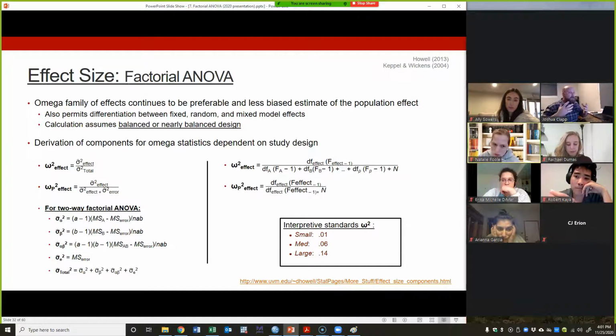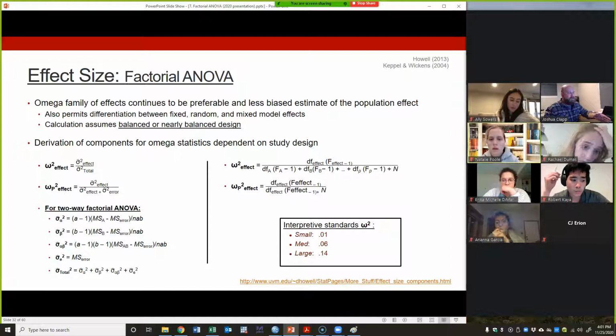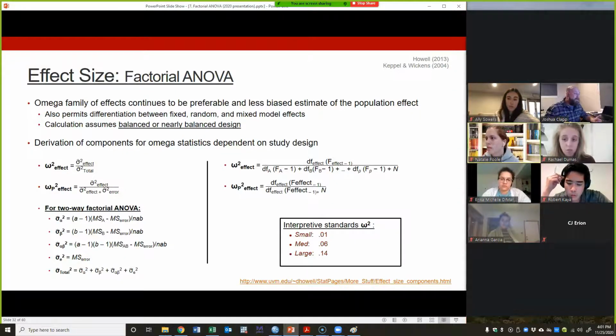If I want to make population-based estimates, I probably need to use omega squared statistics. They're going to be systematically a little bit smaller than your eta squared and partial eta squared, because we know that eta squared and partial eta squared are positively biased. Omega and partial omega squared are also positively biased. They're just less positively biased.